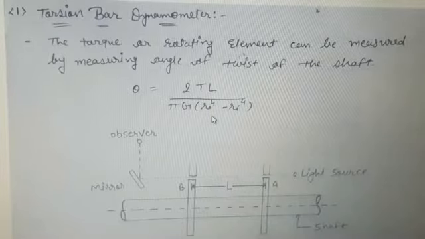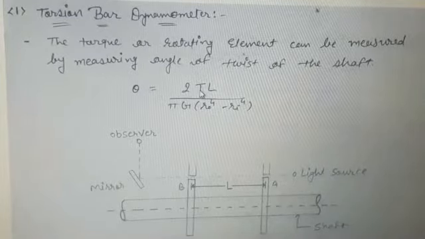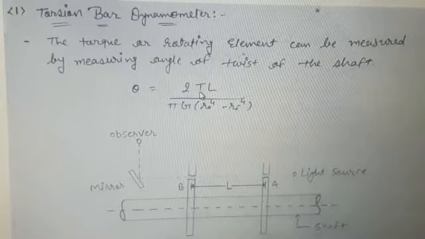So first what is theta, what is T? Let us discuss. First of all, theta means twisting angle, angle of twist. T means torque.